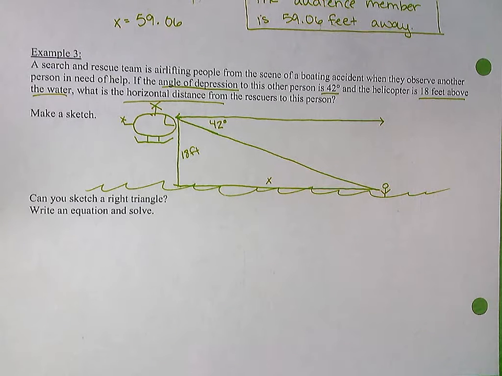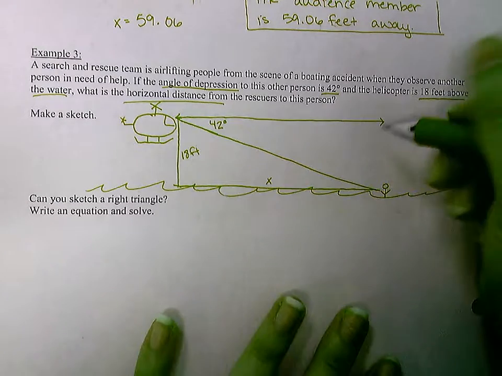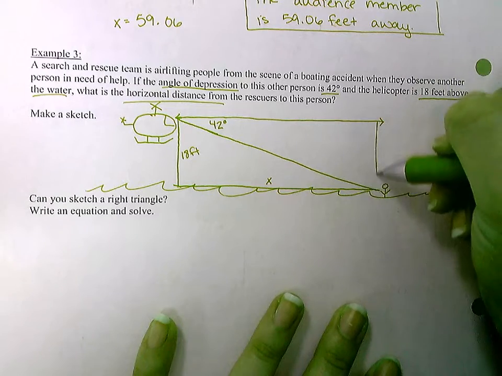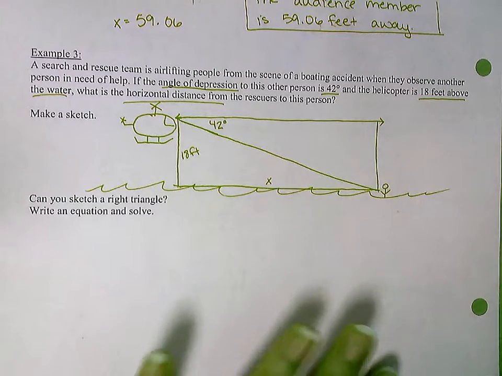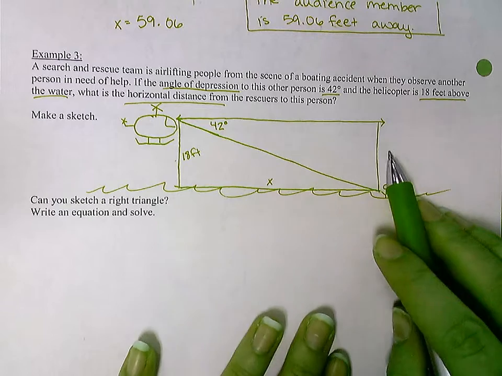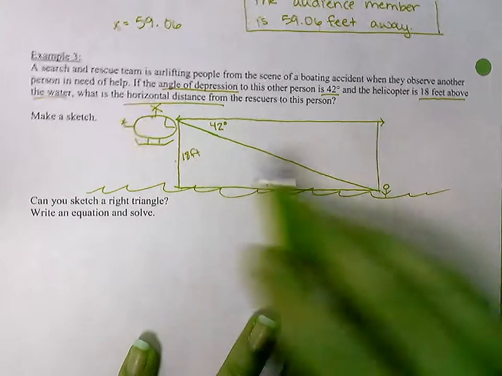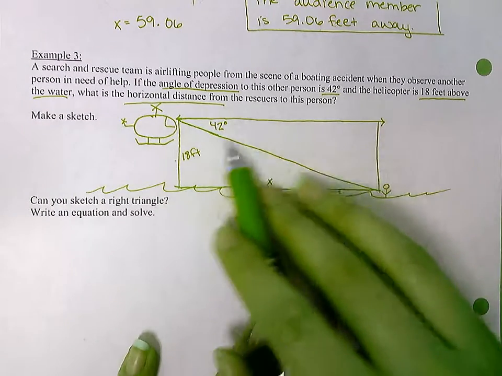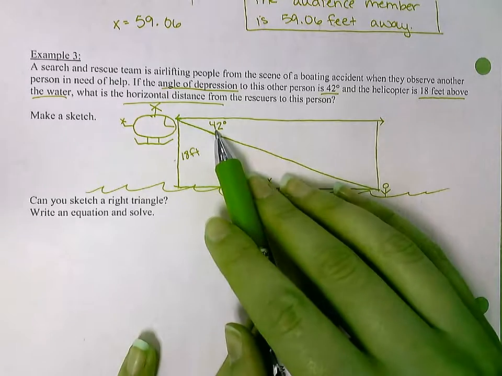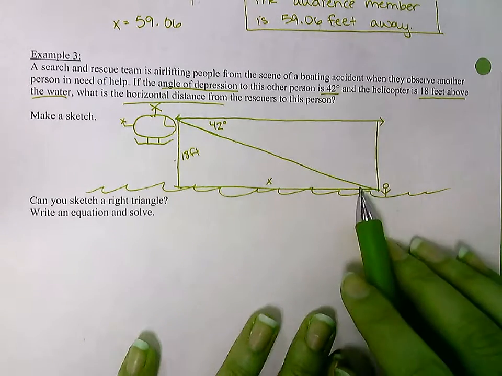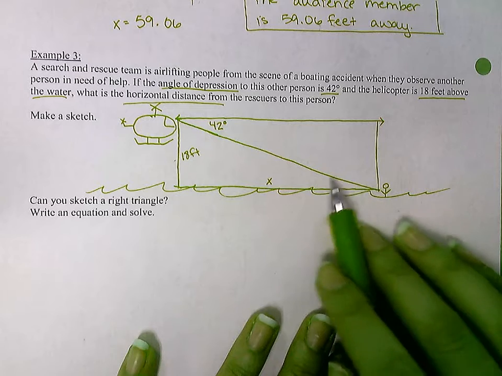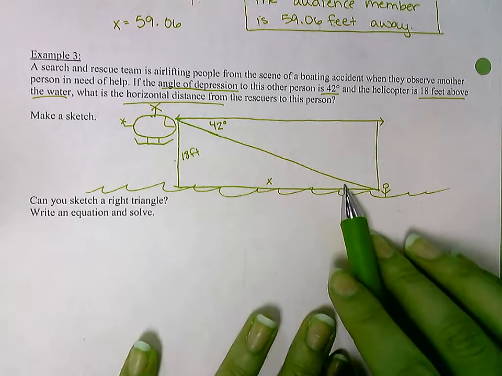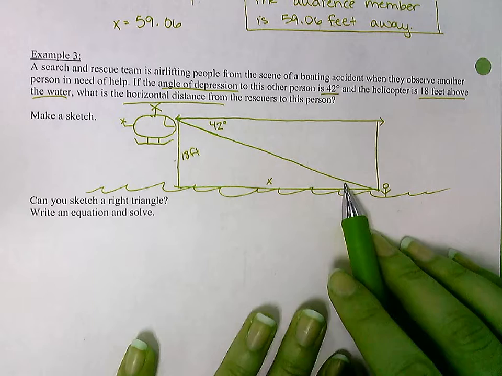Now this is where I was trying to tell you your angle of elevation is equal to your angle of depression. Because you have a picture like this where you could draw in a rectangle, so your opposite sides are the same. Or you could think, the helicopter's angle of depression is 42, so from that person's line of sight and their horizontal, their angle of elevation should also be 42.